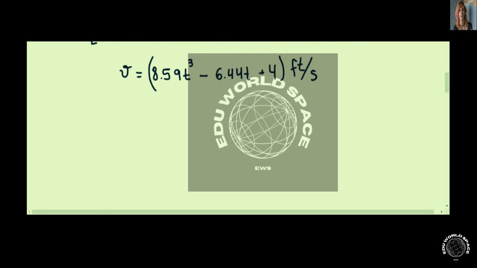But since we can't, we're going to have to integrate this equation again in order to find how the distance evolves with time. Notice that v is ds dt. Okay, this is 8.59 t cubed minus 6.44 t plus 4.